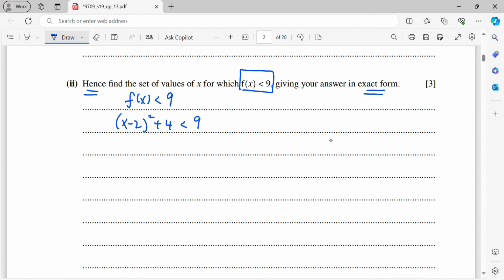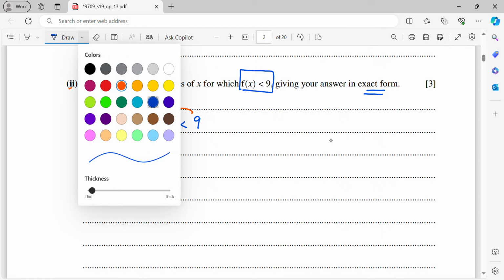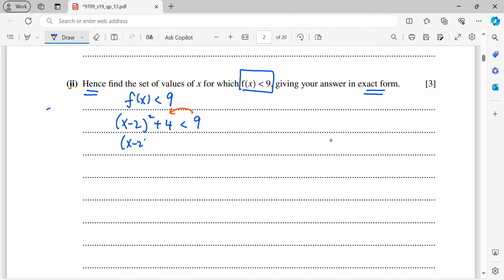Then the 9 will be moved to the left side. That means I will be getting (x minus 2) squared plus 4 minus 9, which is minus 5, less than 0. Then I have the formula a squared minus b squared, that is (a minus b) times (a plus b).